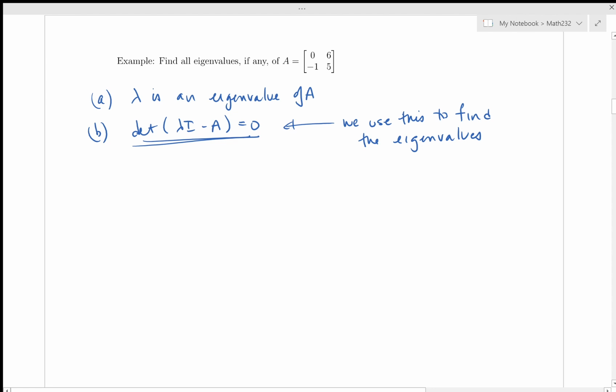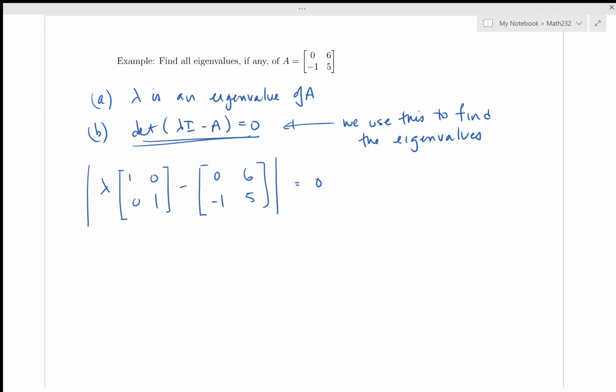So I'm going to take the determinant of lambda times I minus A. That is a matrix minus the matrix A, and I'm going to set that equal to 0. In this case, this thing here is 2 by 2, so I picked the 2 by 2 identity matrix.